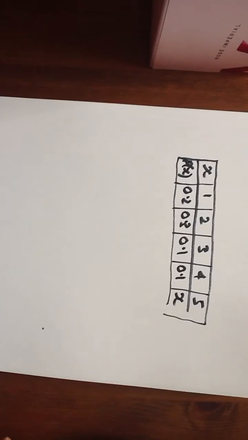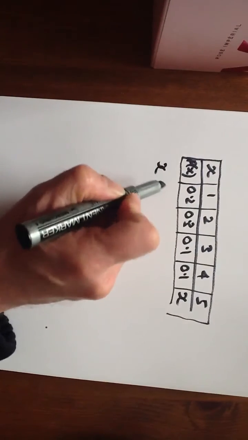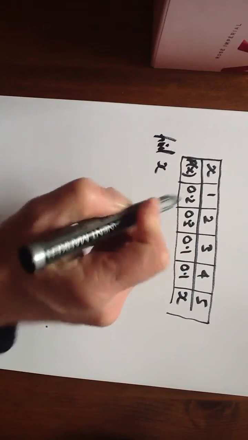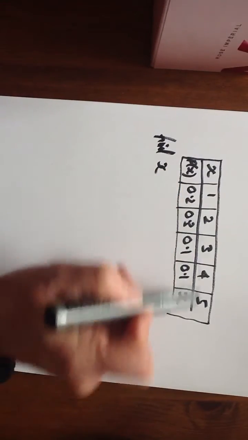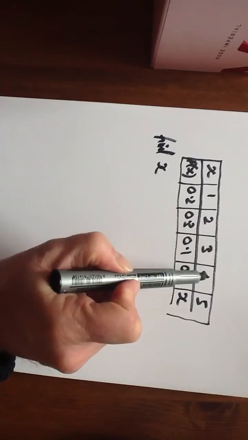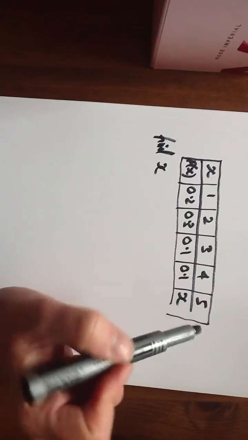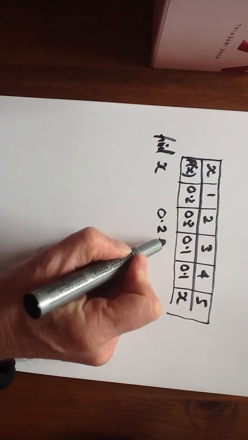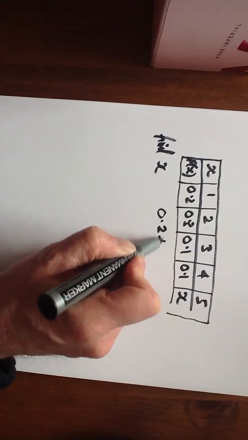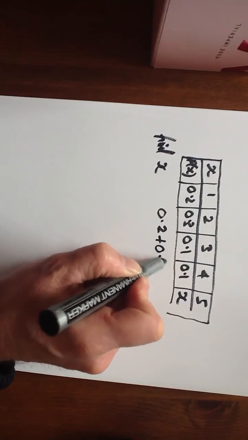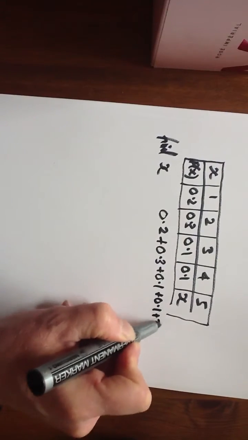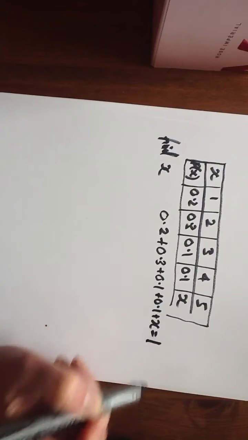Now, if we want to find x, we'll just write down we're finding x. Use the fact that all the probabilities must come to 1. If we can only be 1, 2, 3, 4, or 5, then it's certain we'll get one of them. So those probabilities will add up to 1. So we'll write them down: 0.2 plus 0.3, 0.1 plus 0.1 plus x equals 1.